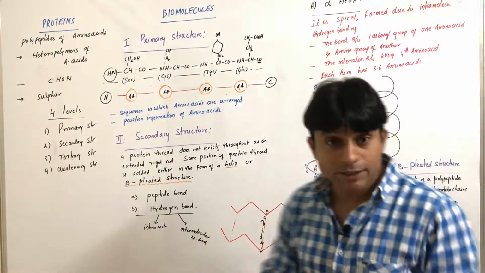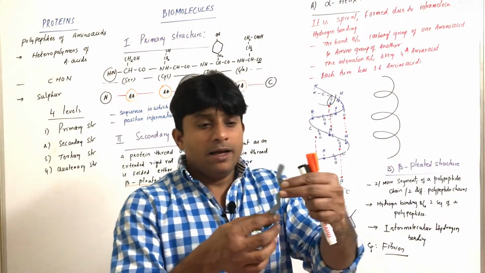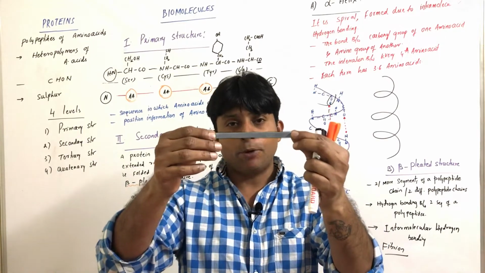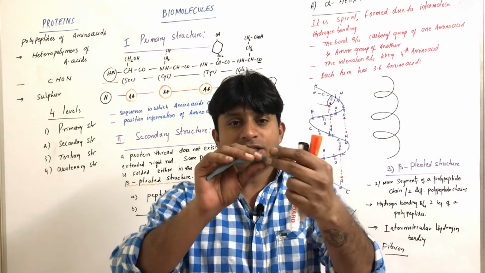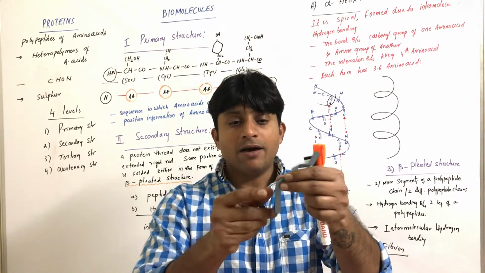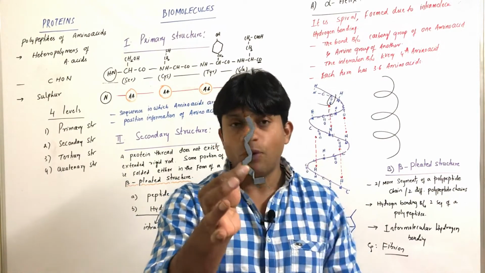What is it? Imagine this is the helical structure. Imagine this is your protein thread, right? And sometimes the protein thread is folded at different places in this way. So you get an alpha helix. Your alpha helix is like this because of folding.